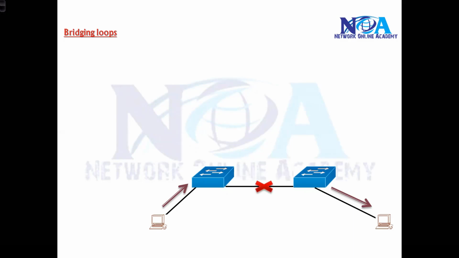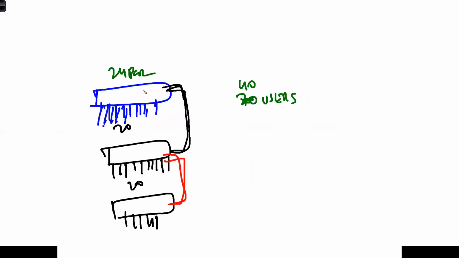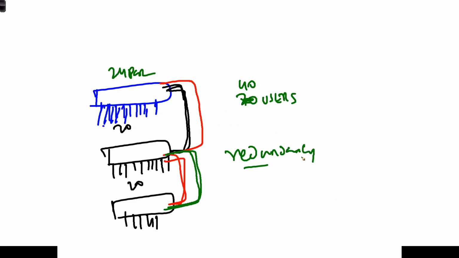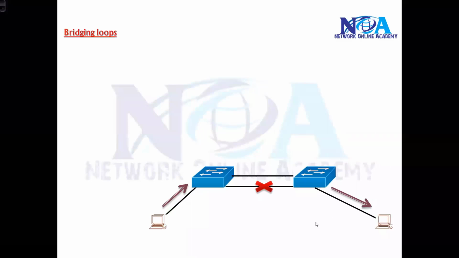To avoid this single point of failure, we can use another link. It is typically recommended to have at least two or more connections between the switches. This provides something called redundancy. Redundancy means if any one link fails, the users of switch 1 can still communicate with the users on switch 2 via another link.